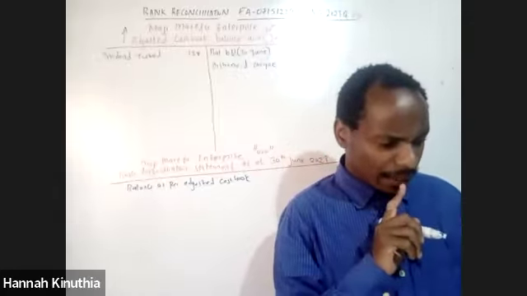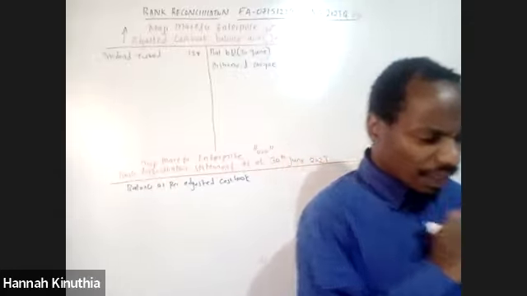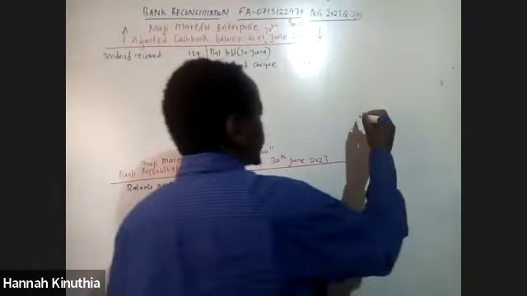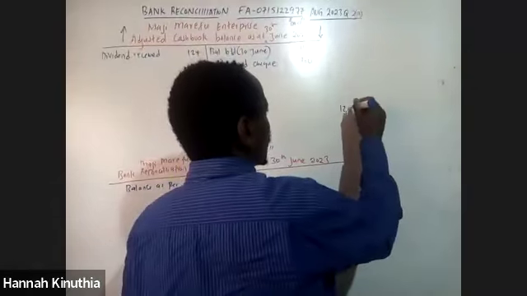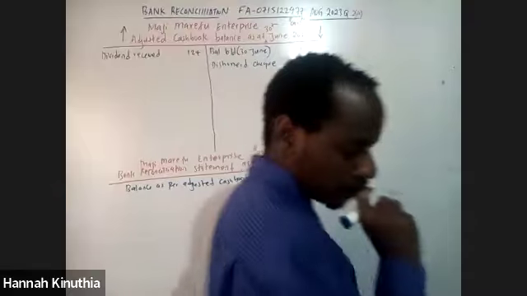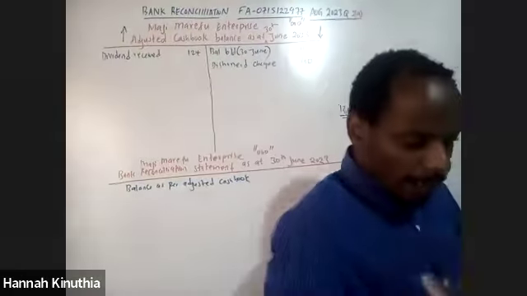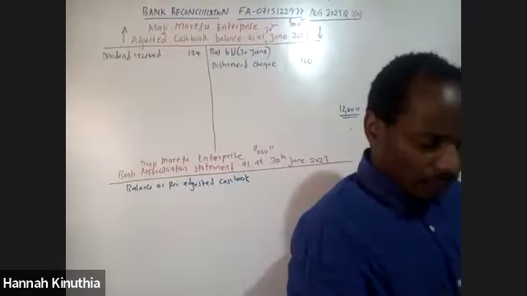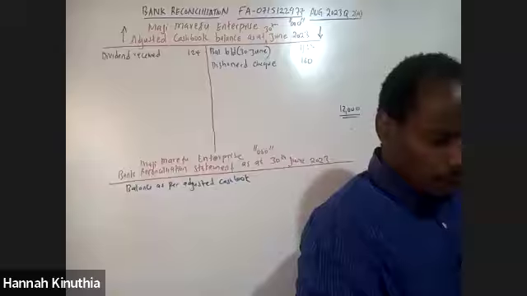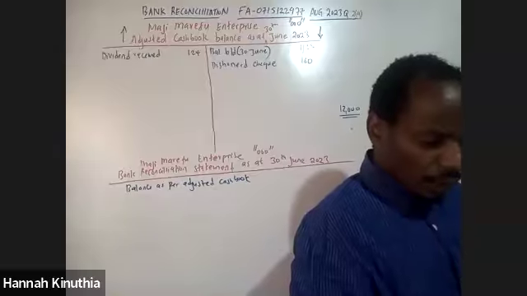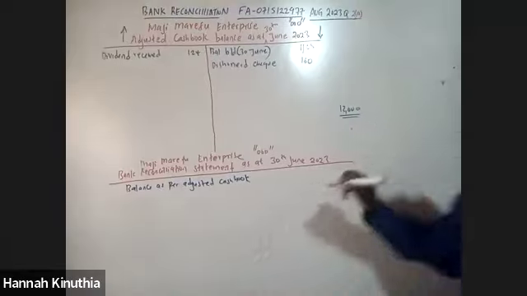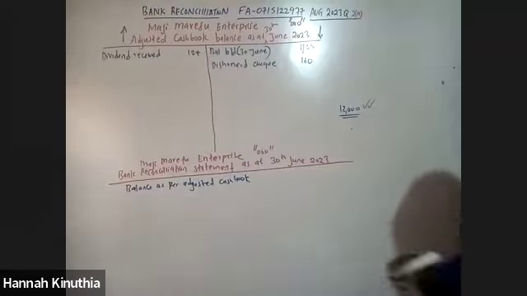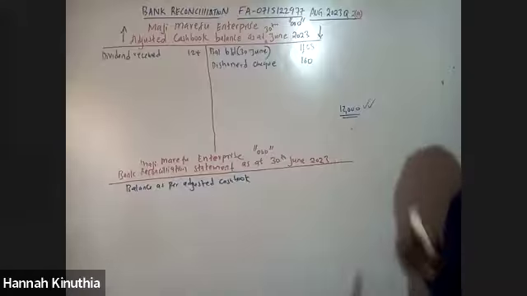Lakini hapa anatuambia we are supposed to pay a check of 12,000. Lakini a check drawn for 12,000 has been incorrectly entered in the cash book. Now, for the bank statement, this was the amount that was paid. So in the bank statement, they paid 12,000.